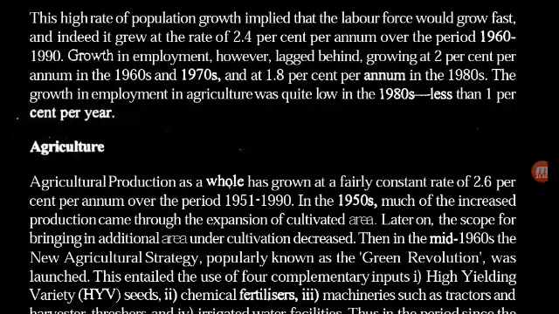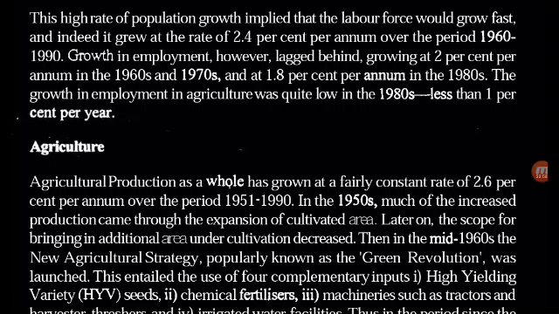Growth in employment, however, lagged behind, growing at 2% per annum in the 1960s and 1970s and at 1.8% per annum in the 1980s. The growth in employment in agriculture was quite low in the 1980s, less than 1% per year.